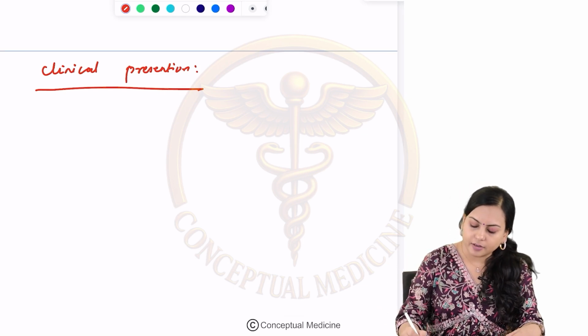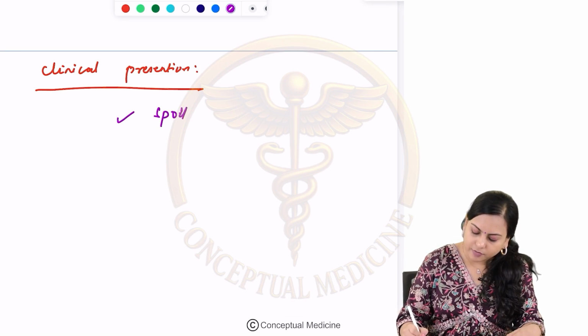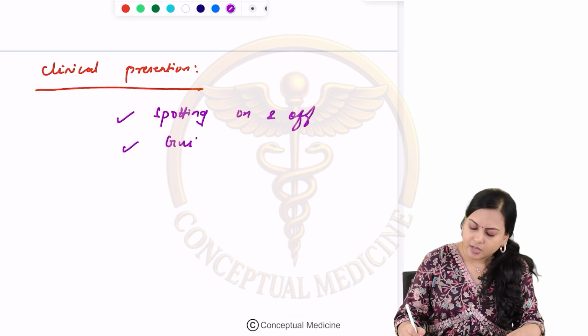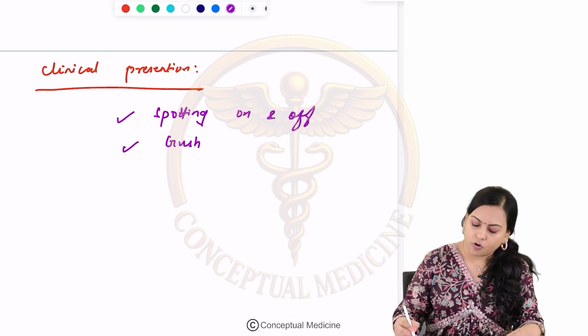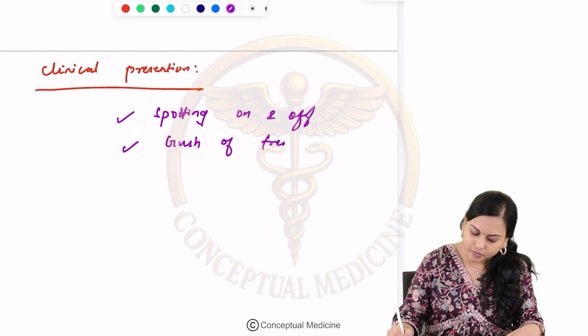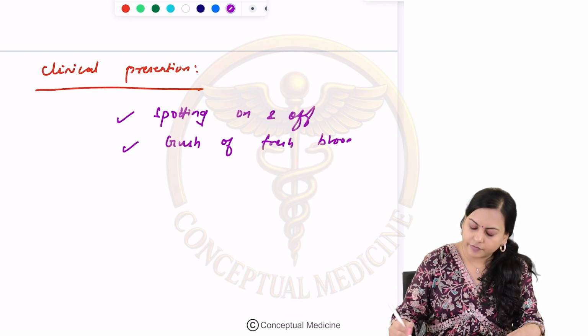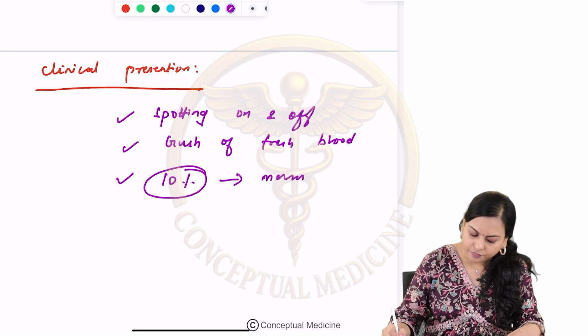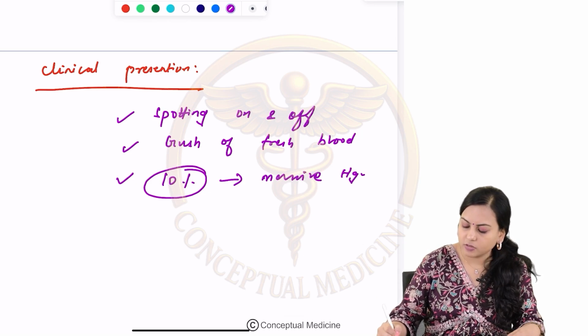But here the patient usually presents with spotting on and off. Sometimes they can give a history of a gush of fresh blood, and very rarely, in about 10% of cases, there can be massive hemorrhage with shock features.